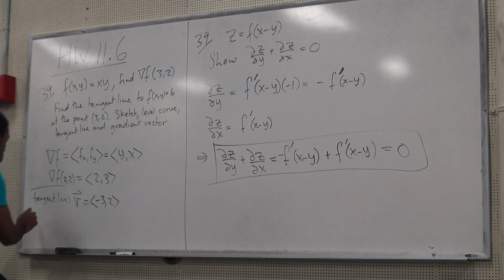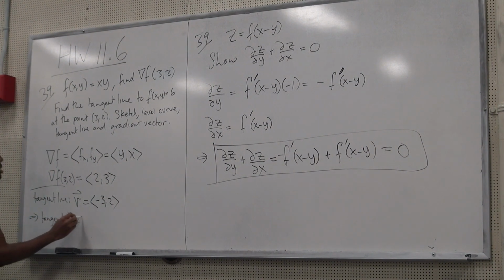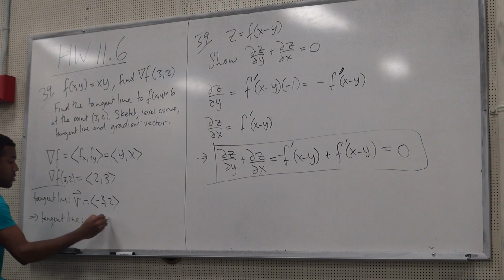So this means the tangent line is going to be what? What's the equation of the tangent line? X, Y equals.